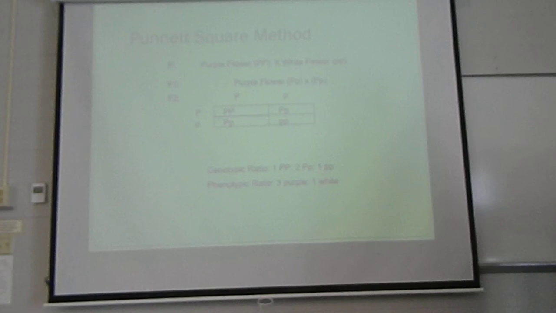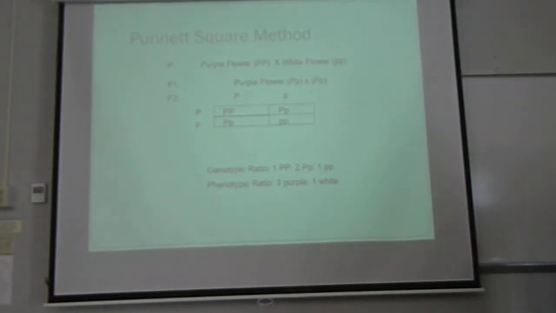For a monohybrid cross, we really don't have to worry about the Punnett square too much, because you can just memorize or just know that the genotypic ratio is always going to be 1 to 2 to 1, and the phenotypic ratio is always going to be 3 to 1.